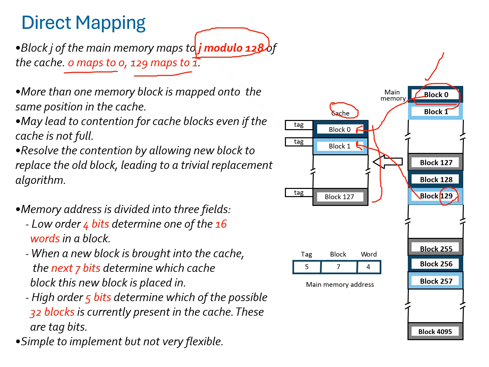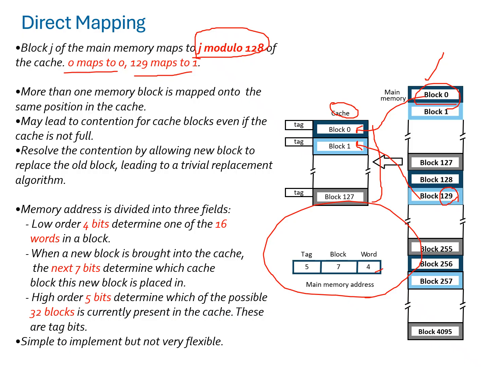Now, how do we use the main memory address? We have 4096 blocks, and each block has some number of words. Altogether we have a 16-bit memory address, so 2 power 16 locations in the memory. This can be split into tag 5, block 7, and word 4.